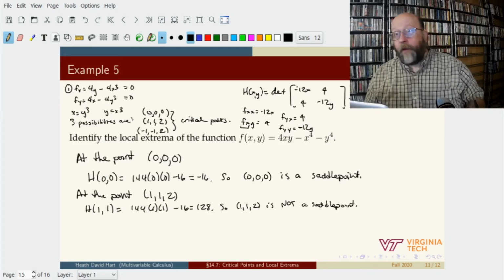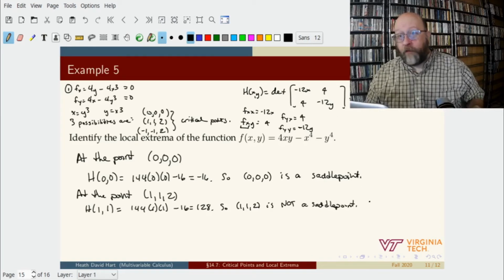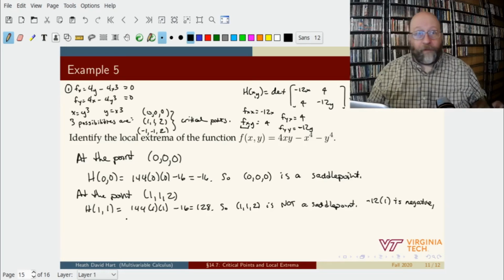And in fact, at 1, 1, 2, negative 12 times 1 is negative. And so the graph is concave down.